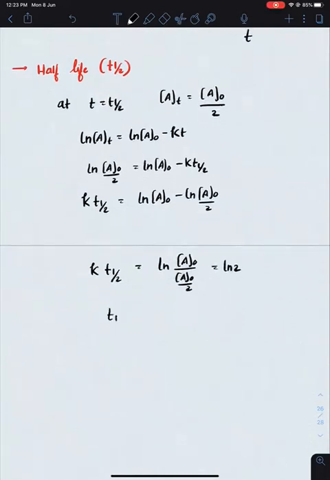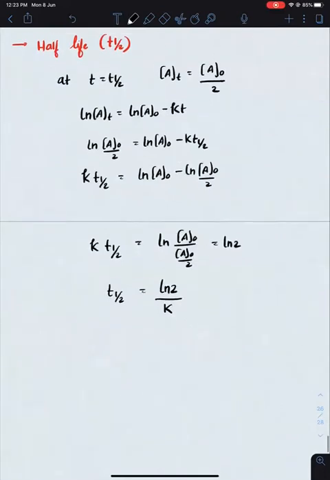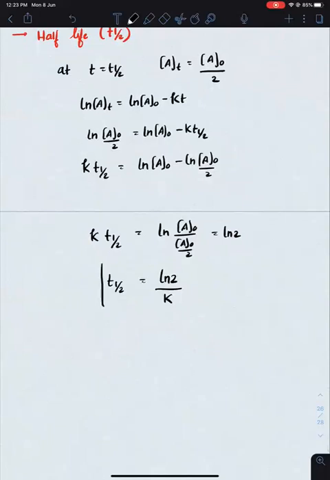So what does t half become? t half is equal to ln 2 upon K. Look carefully at the expression for t half: it is ln 2 upon K, which I can also write as 0.693 upon K.